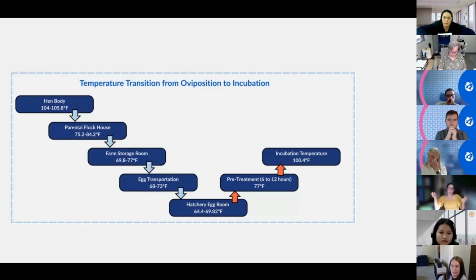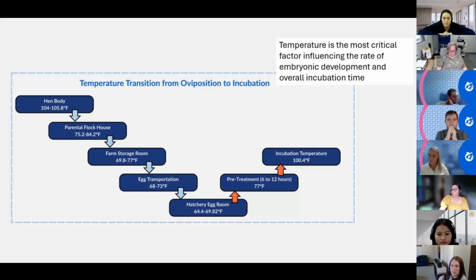For instance, one batch could have 18 days of incubation, another 15 days, and another probably 1 day of incubation. In that case, the hatchery will have a different room dedicated to this pre-treatment process.